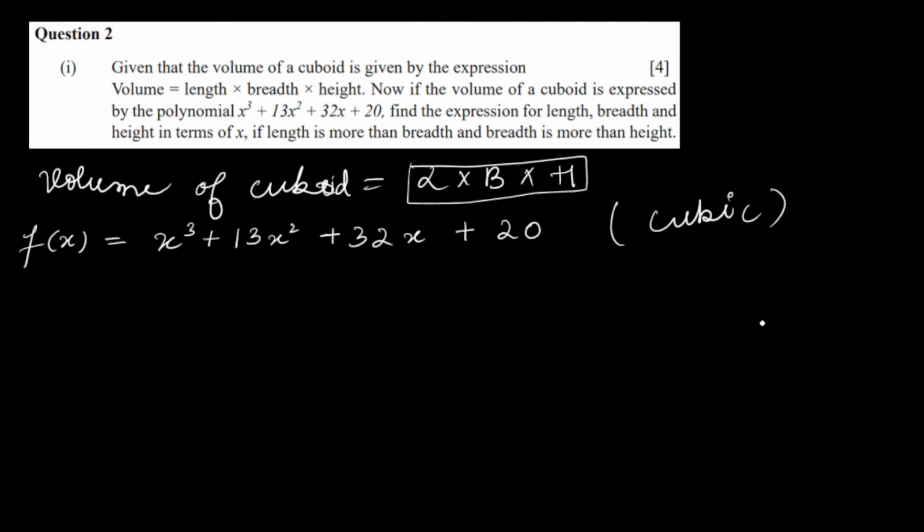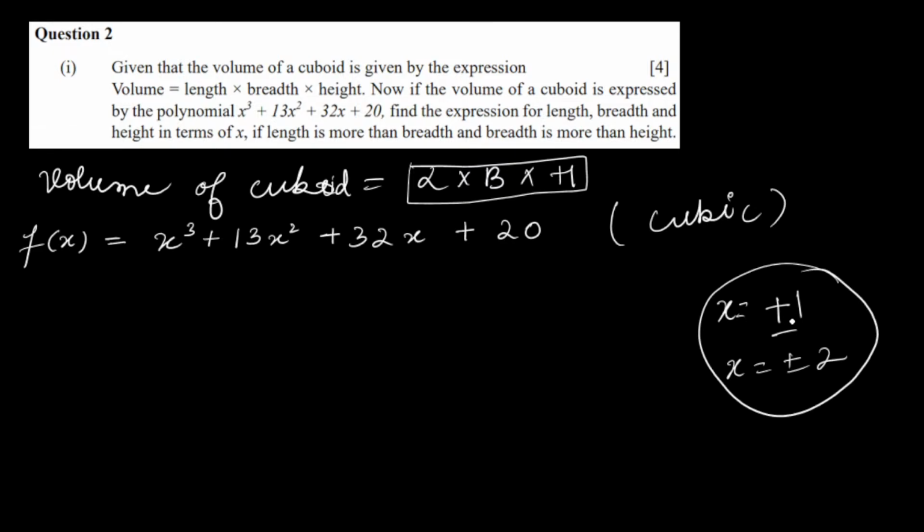You can try different values of x: x equals plus 1, x equals minus 1, x equals plus minus 2. I'm just going to try with x equals minus 1.